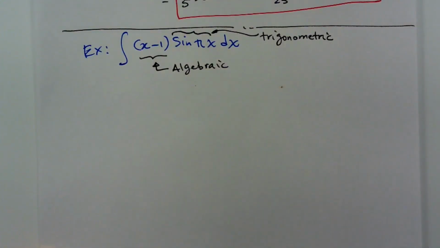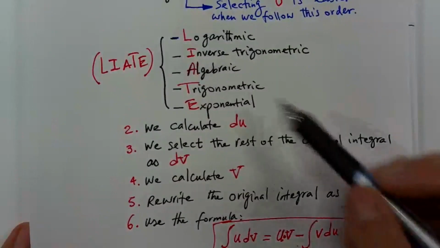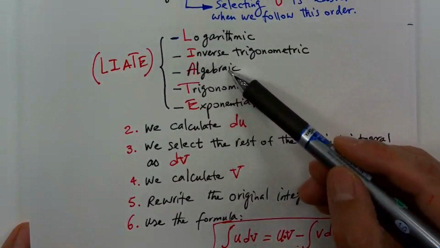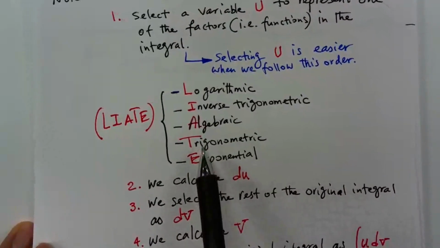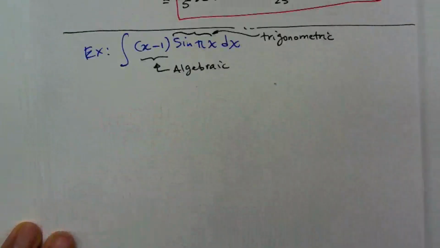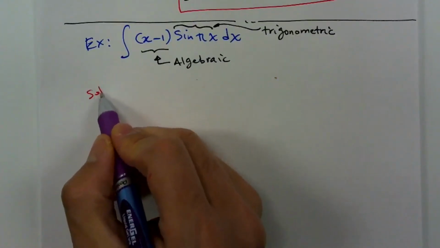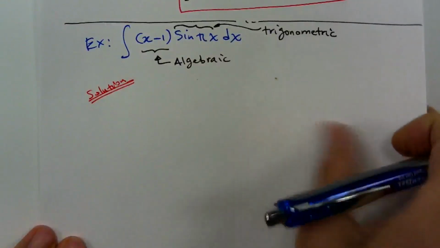And in that list that we had, it said that if you have a mix of algebraic and trigonometric, pick the algebraic expression as the u, and the other one as part of the dv. So let's go with that rule.